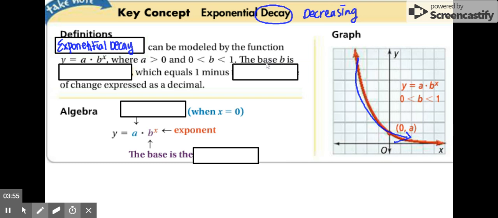The base b is the decay factor. So the number that you keep multiplying, that's the decay factor. Oh, you know what? Let's not talk about this part, just remember the base is the decay factor, the number that you keep multiplying. And A is the initial amount.